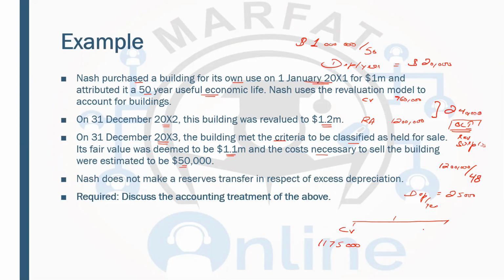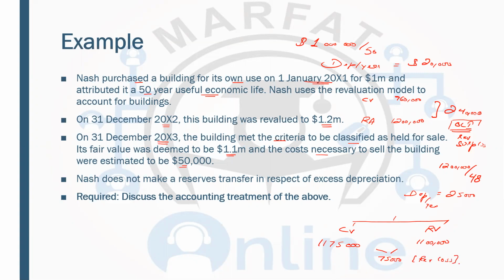Now, before classifying it as held for sale, you have to revalue it. So the carrying value is 11,75,000, and the revalued amount is now 11 lakh. Accordingly, there is the revaluation loss of 75,000.